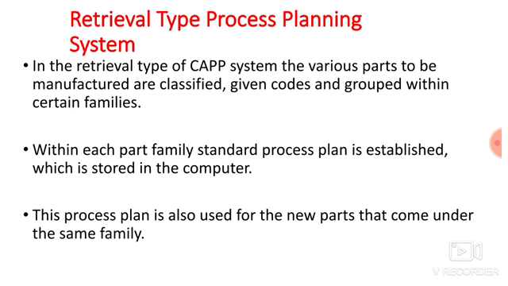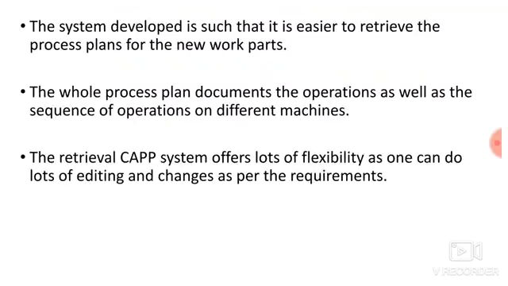Once the process plans are stored inside the computer for different part families, if you receive a new part, then you have to compare that part with the existing part families. Once its code is decided, you enter that code inside the computer and you will get a ready-made process plan from the computer. That is why it is known as retrieval type of process planning.